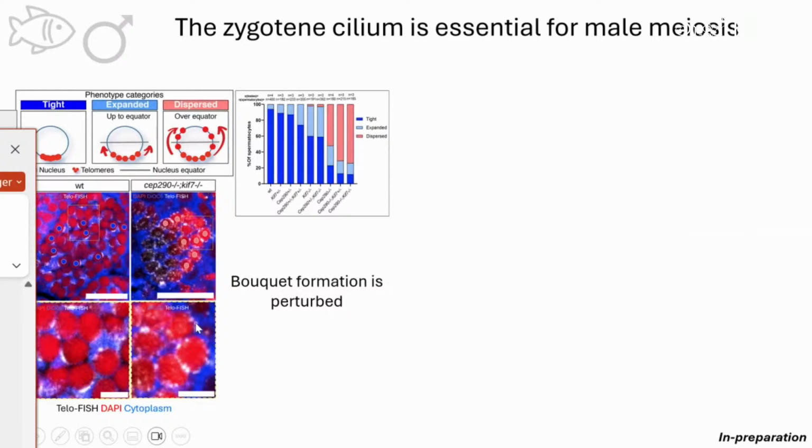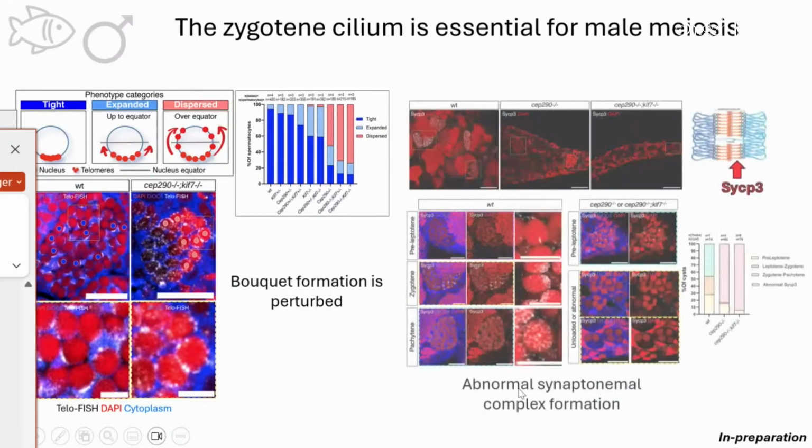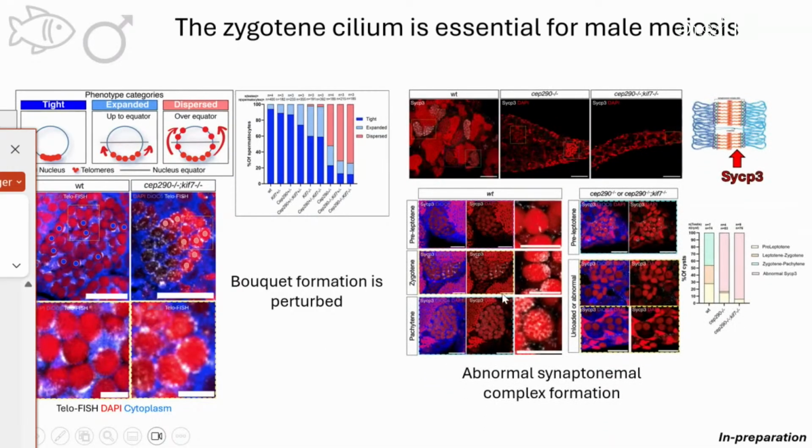It shows expanded and dispersed bouquet configurations. And consequently, SYCP3 fails to load in the sub-telomeric regions in the ciliary mutants. Hence, the cilium is required and essential for male meiosis.